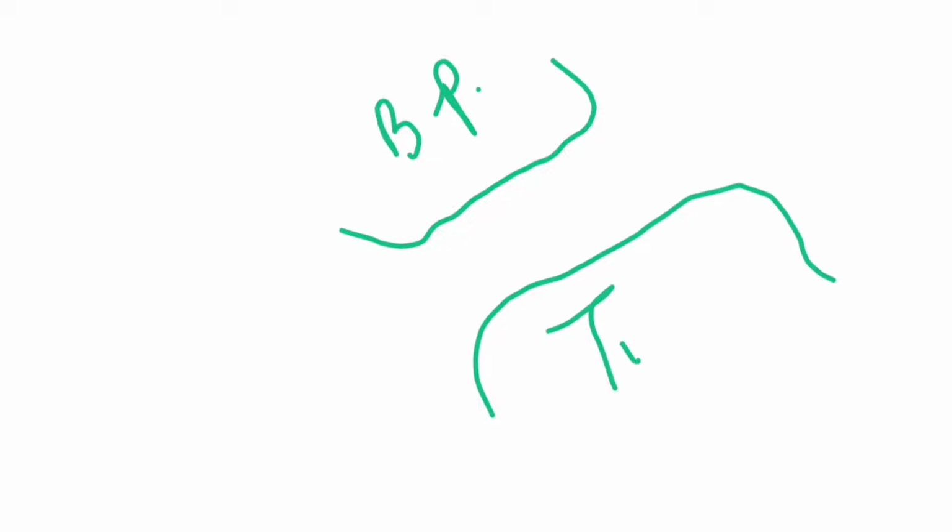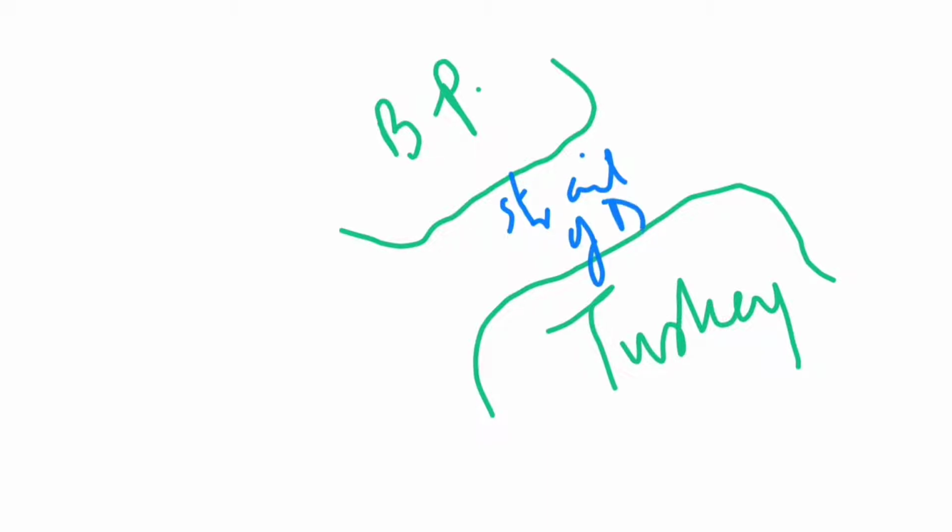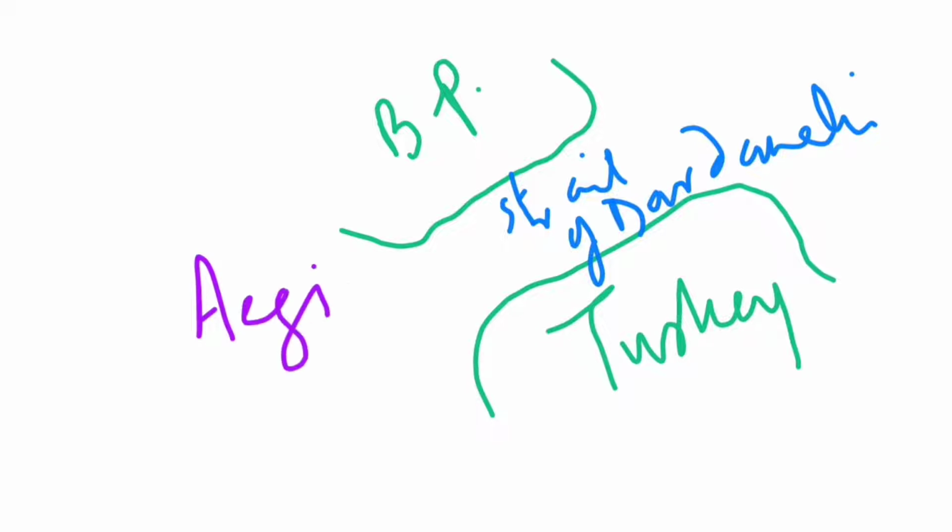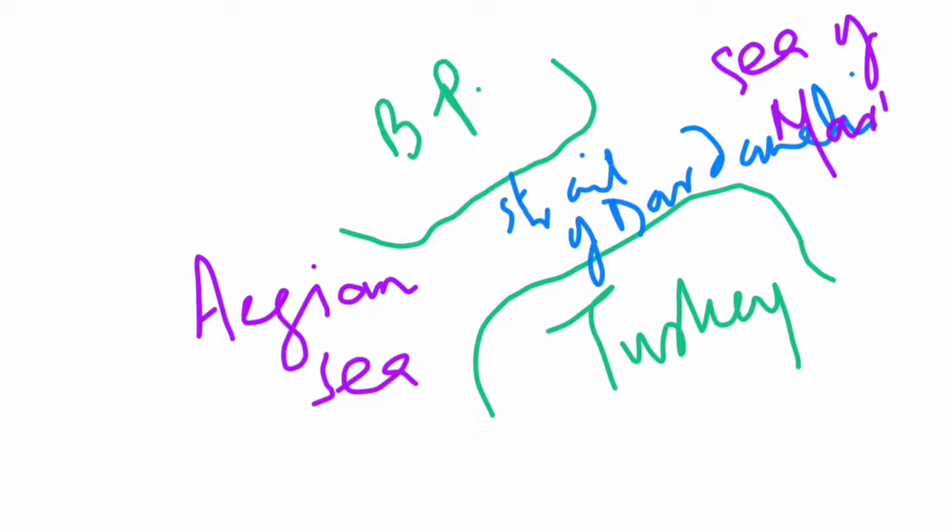We'll be explaining it here. This is the Balkan Peninsula and this is our Turkey. Fine. In between the two we have the Strait of Dardanelles, and this strait is joining two large water bodies, connecting the Aegean Sea to the Sea of Marmara.